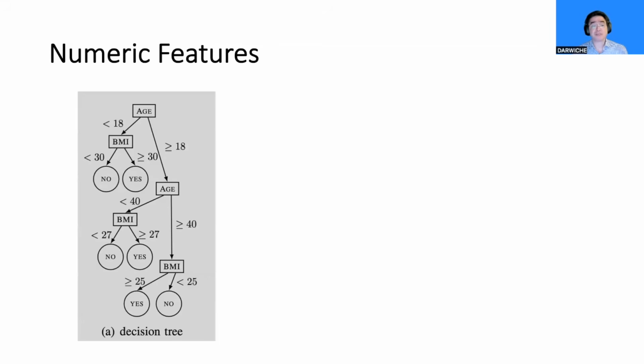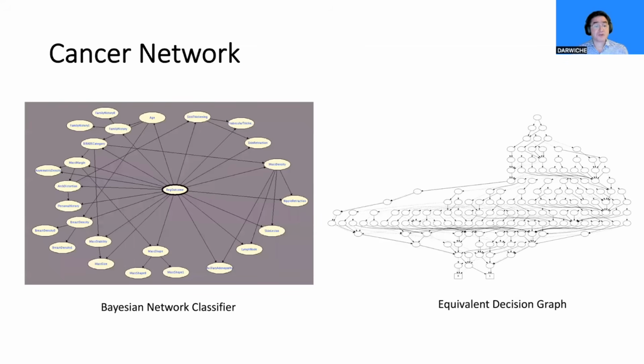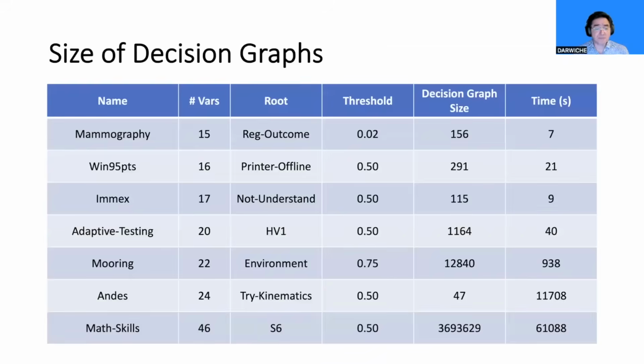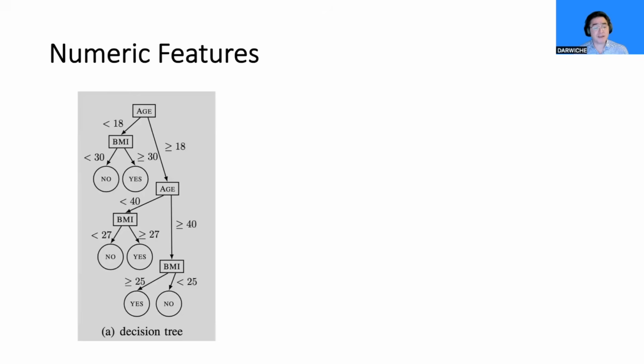The other thing I want to mention is, fine, this example that I showed you here, it was obvious that the input is discrete, the output is discrete, and then you can imagine that we will be able to compile this into a symbolic representation. But what about something like this, where we have, let's say, a decision tree, and we have features that are numeric in nature?